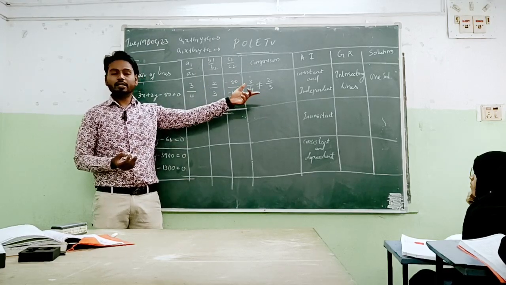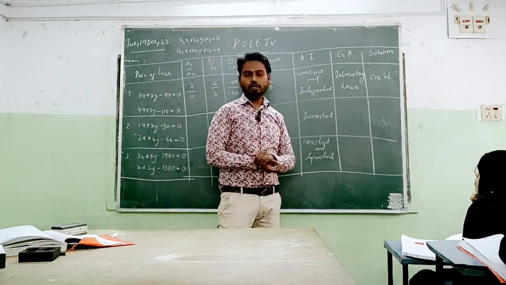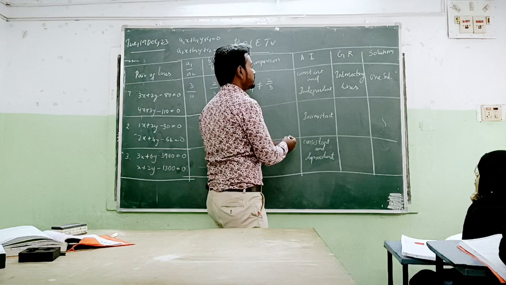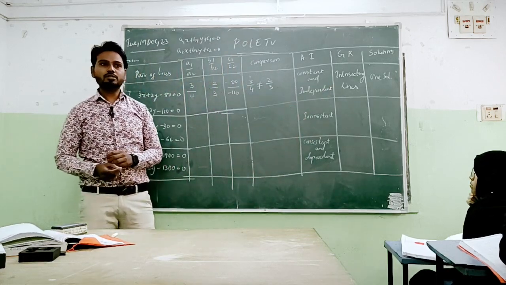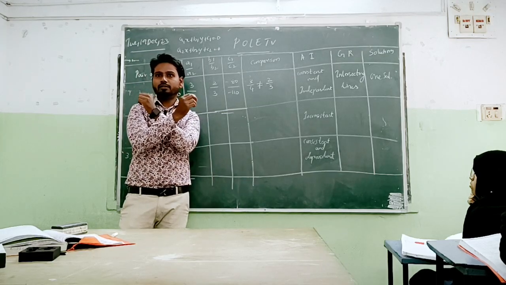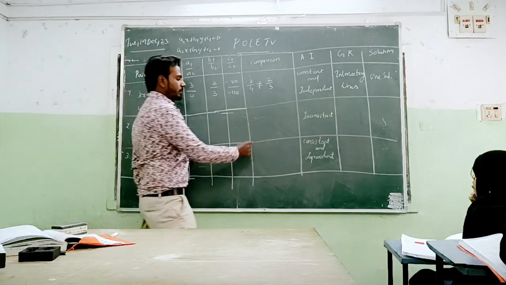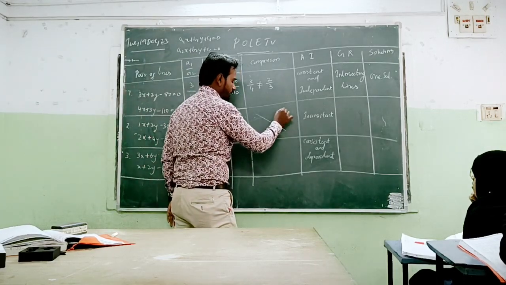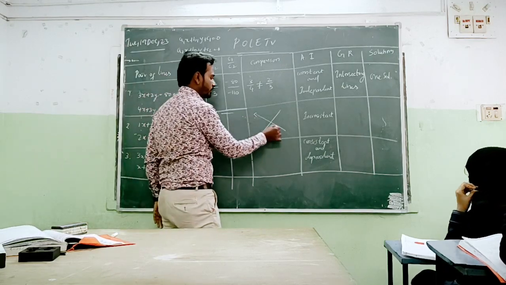What idea are we getting here? Consistent and independent. For example, intersecting lines. Suppose these lines are intersecting lines.